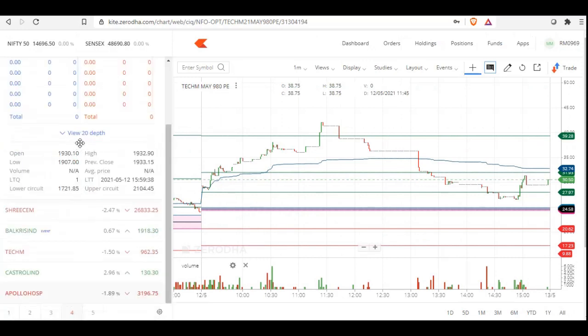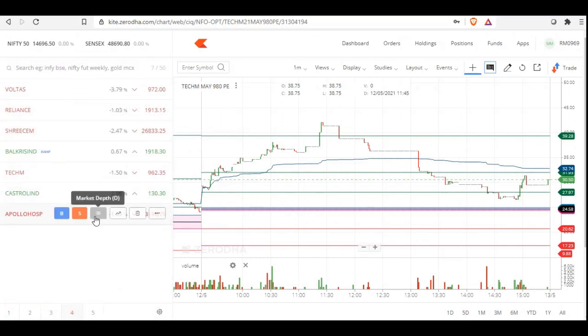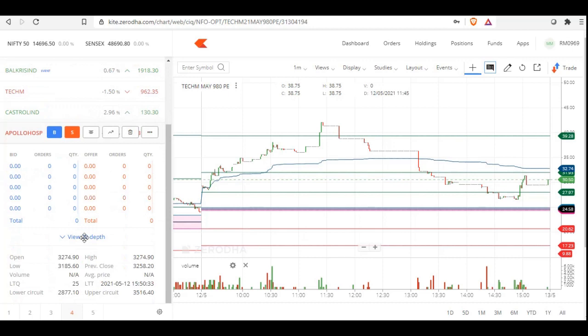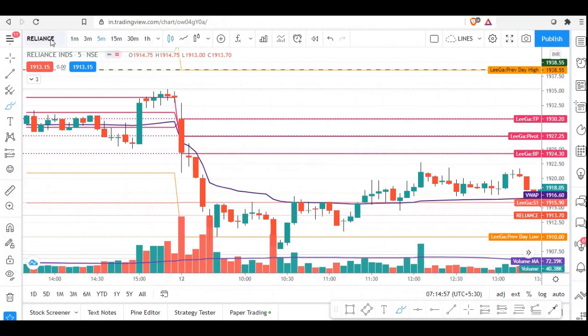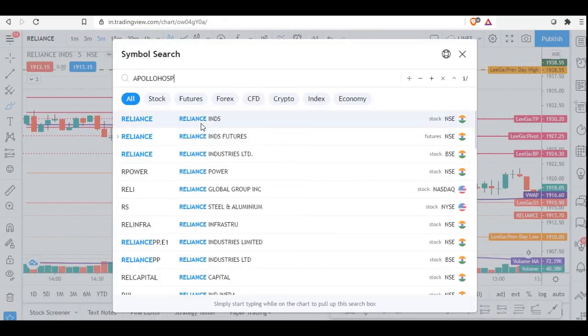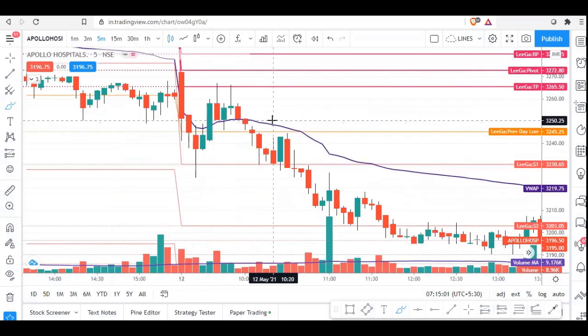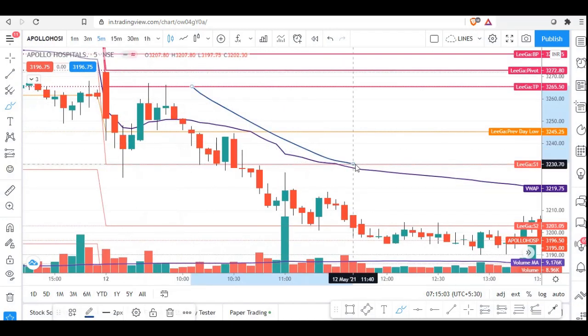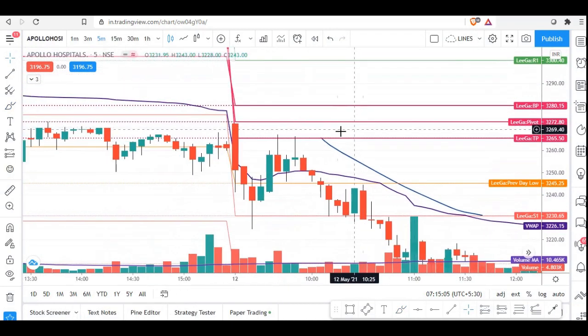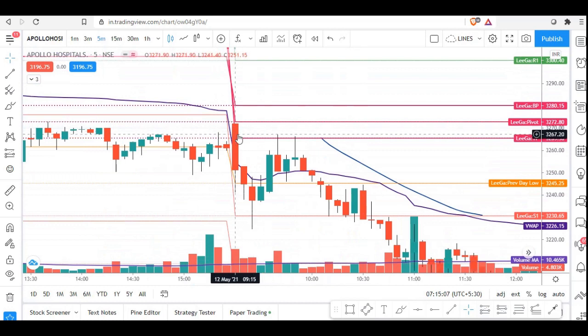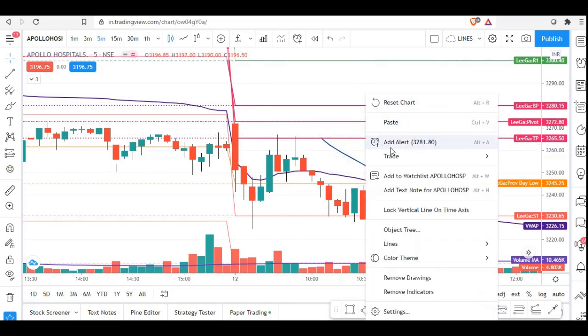Apollo Hospital also is wrong data on Saroda. Then we can check whether this is wrong. In TradingView, it's correct. Open is equal to high. 3271, check here. 3271.90, 3271.90.